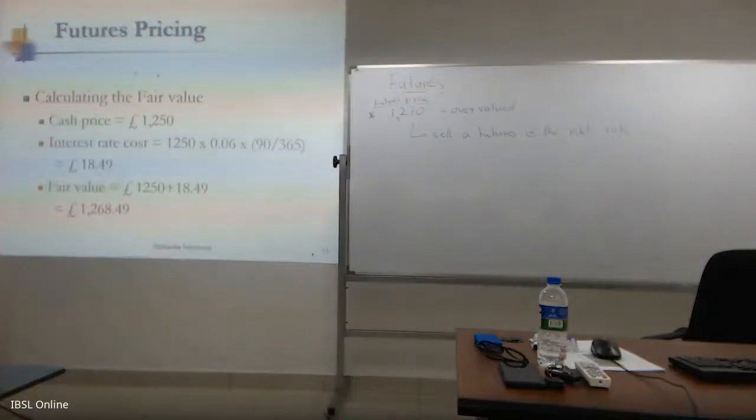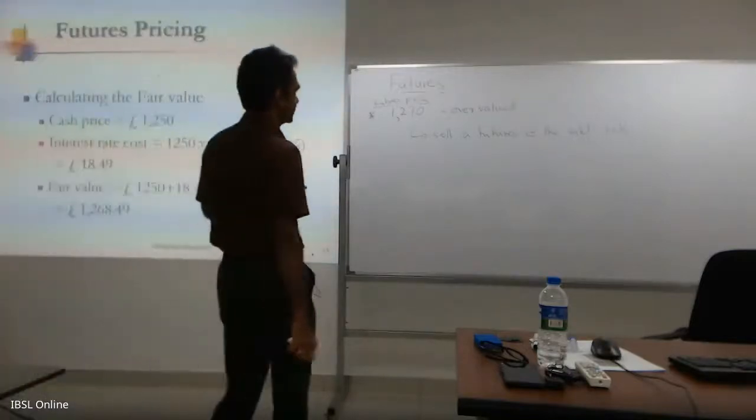Buy. Where from? How do you buy? If you go to the market and ask the price to buy, they will quote 1,270. But you want to replicate 1,268.